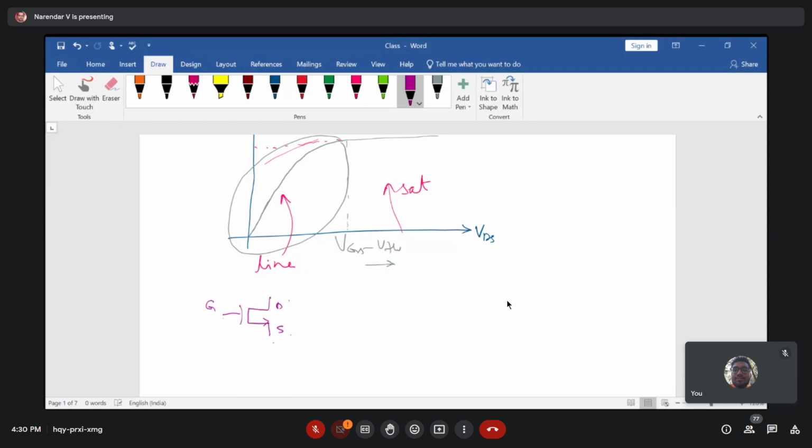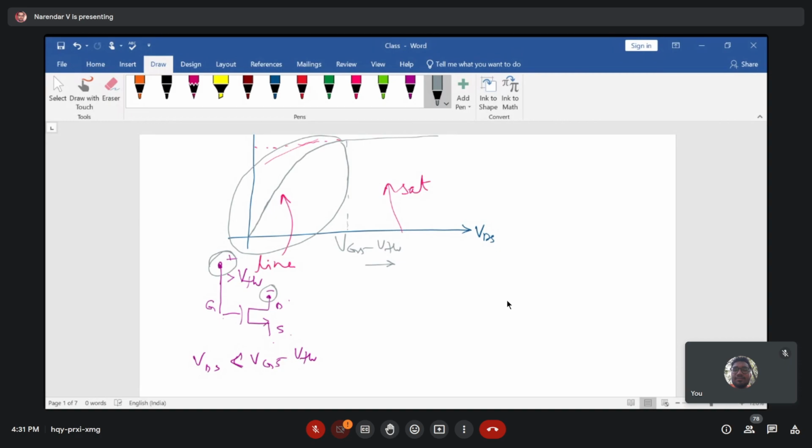When your VDS value is less than VGS minus VTH, you have the linear region. Now relate the gate terminal and drain terminal potential. Here the gate terminal has a much higher potential than the drain potential, greater than VTH. It means the gate terminal has a much higher voltage than the drain terminal in the linear region of operation.